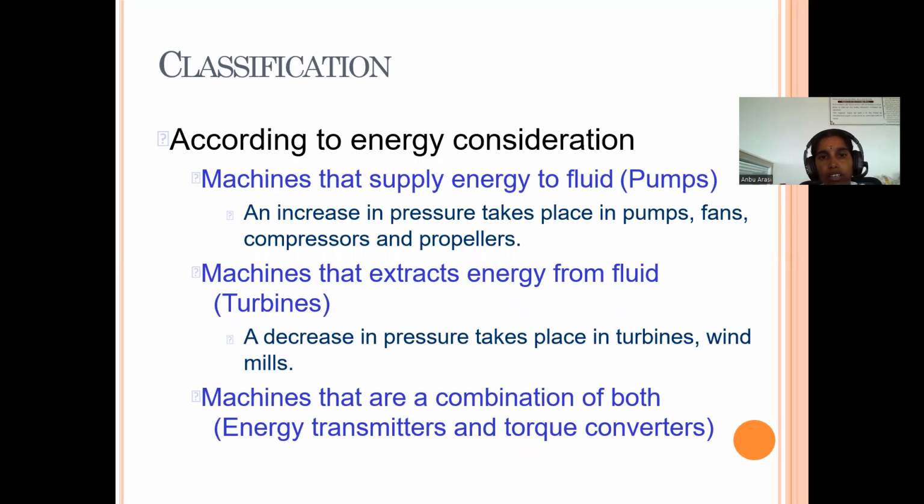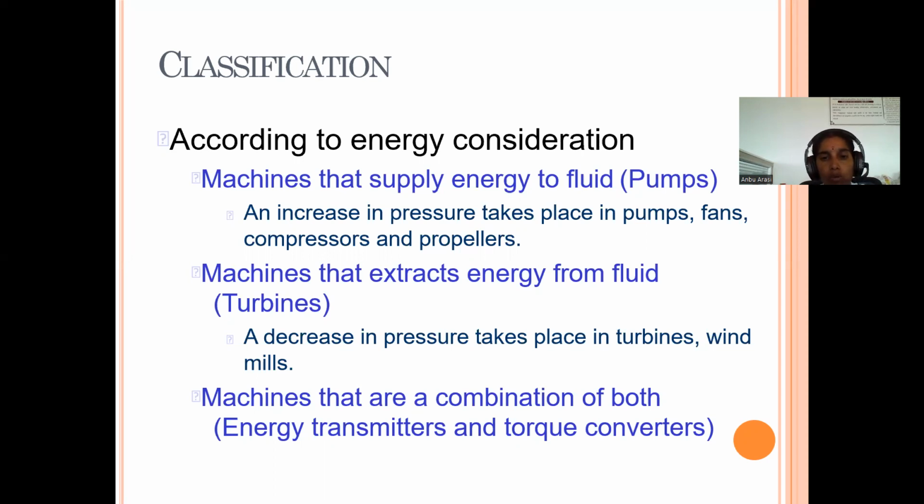Classification of pumps. According to energy consideration, machines that supply energy to fluid are pumps, and an increase in pressure takes place in pumps, fans, compressors, and propellers. Machines that extract energy from fluid are turbines, where a decrease in pressure takes place, as in turbines and windmills.